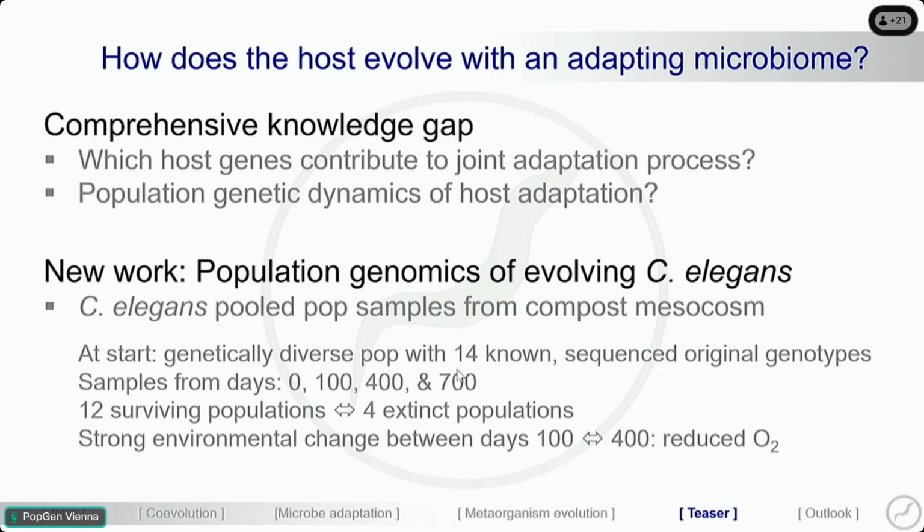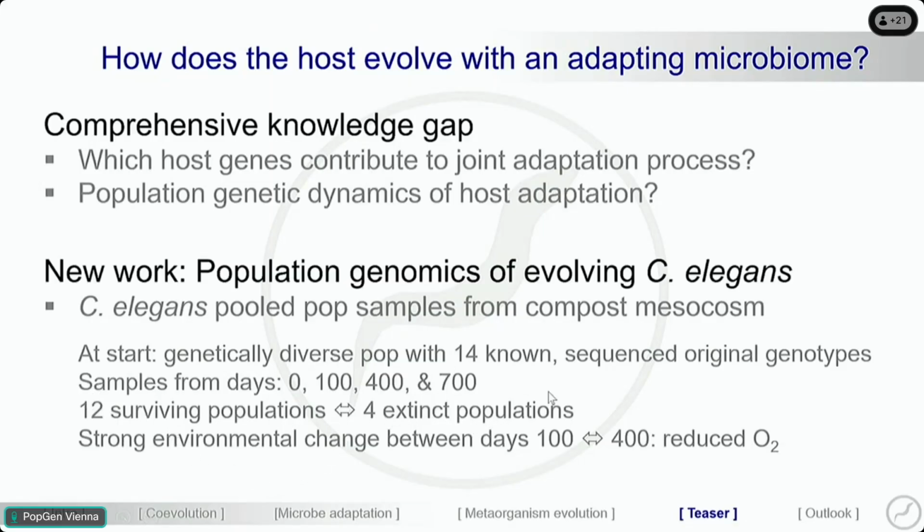And we now obtained samples from day 0, 100, 400, and 700. At day 0, we had actually a larger number of replicates so that we also could see what kind of random variation there could be at the very beginning. What was also important for this analysis now is that we had 12 surviving populations and 4 populations that actually went extinct.